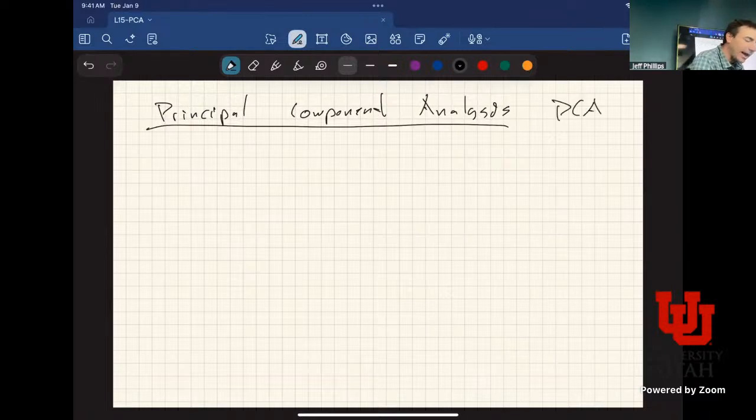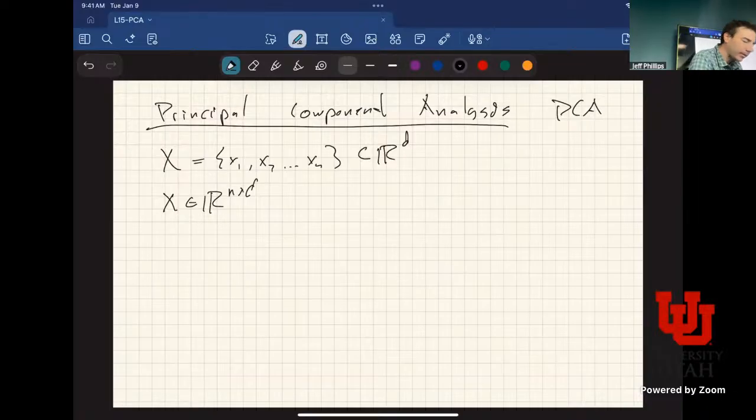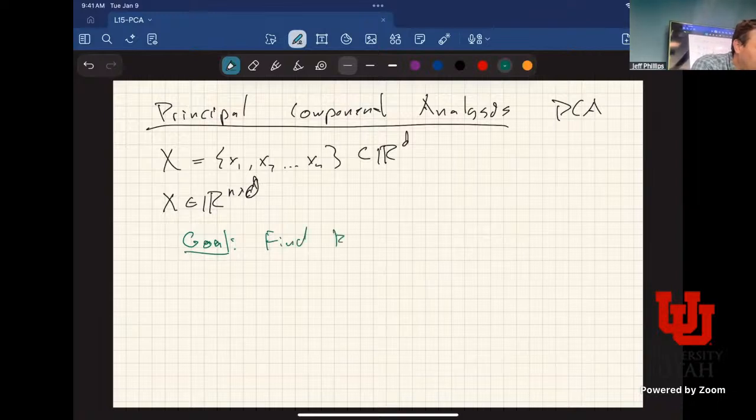Okay. Now I've got a set, we'll call this X, X1, X2, up to Xn, which is a subset of R^d. So X I can write as n times d. Okay, now my goal is to find a k-dimensional subspace.